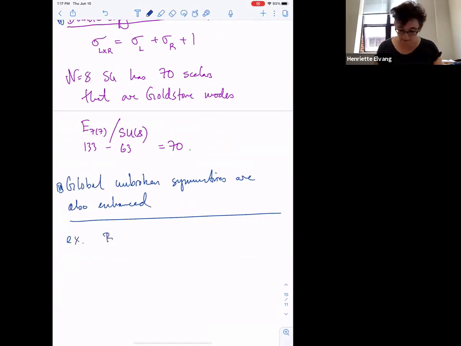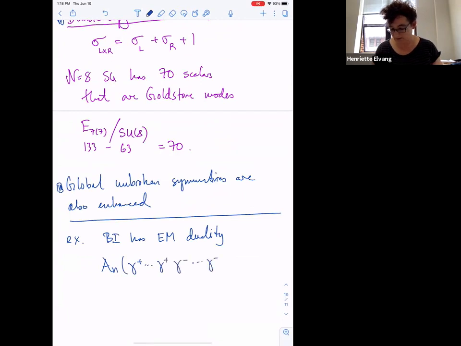So I mentioned in lecture 2 that Born-Infeld has an electric-magnetic duality symmetry. And that symmetry on the on-shell amplitude says that I have to have an equal number of positive and negative helicity photons in order to get a non-vanishing amplitude. So this is 0 unless n plus equals n minus.